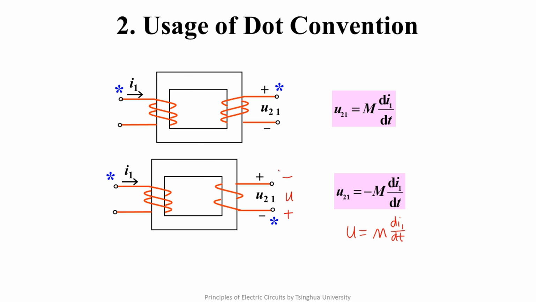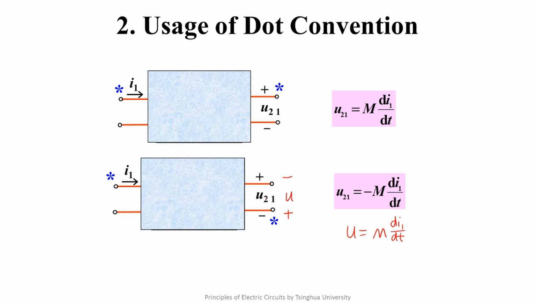What does this help? You see, if two inductively coupled coils have been set the dot convention based on their winding directions by the manufacturer, then we don't need to know their internal winding directions in practical applications. We can determine the positive or negative value of the induced voltage only by the dot convention.